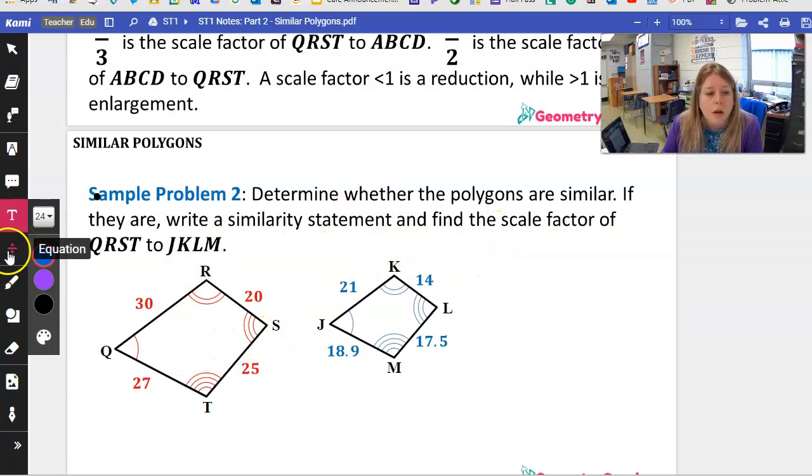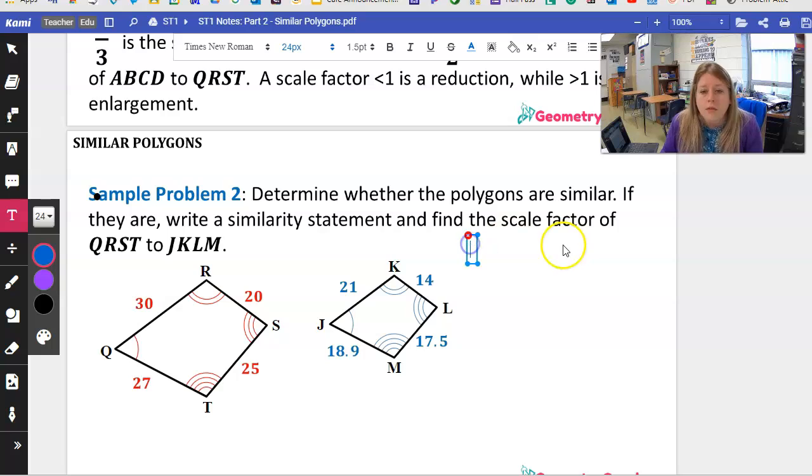So first of all, are the angles congruent? Everything has a match, marked congruent. Angles congruent. Are the sides in ratio?